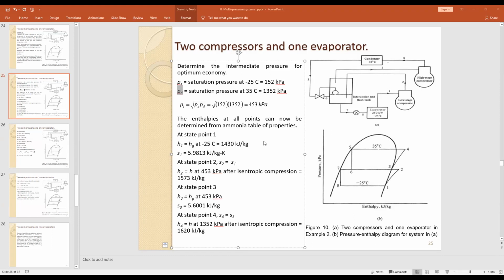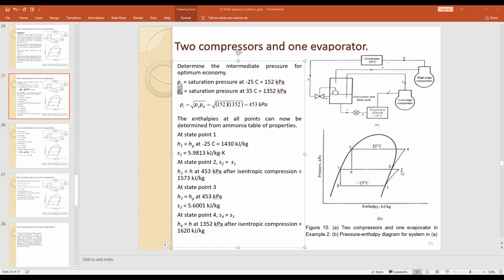So, at state point 1, H1 is equal to Hg at negative 25 C or 1430 kilojoule per kilogram. S sub 1 is 5.9813 kilojoule per kilogram Kelvin. At state 2, the entropy is constant, 1 to 2. H2 is equal to H at 453 kilopascal after isentropic compression, is 1573 kilojoule per kilogram.